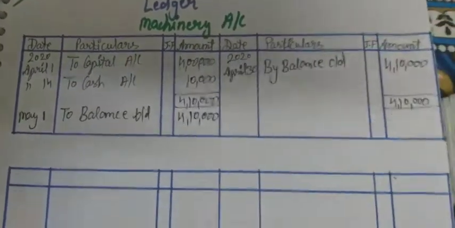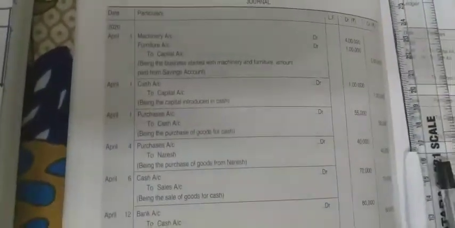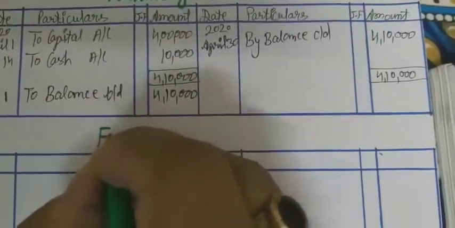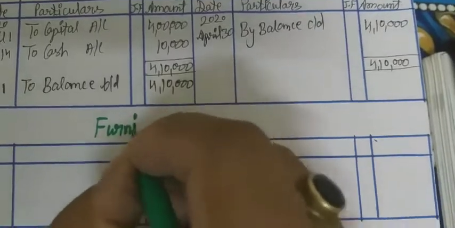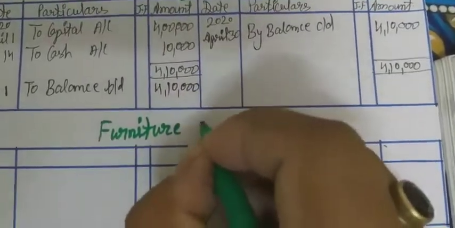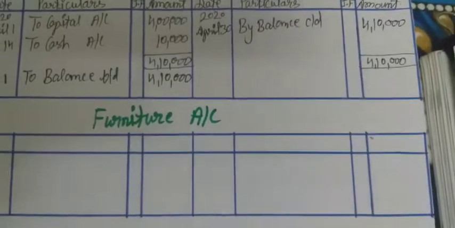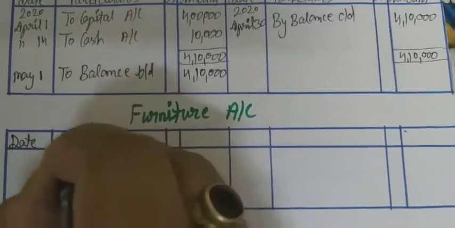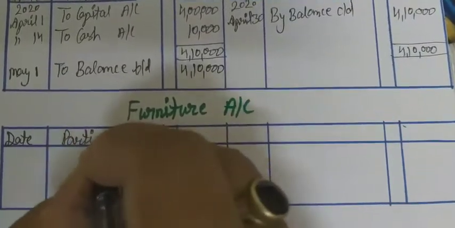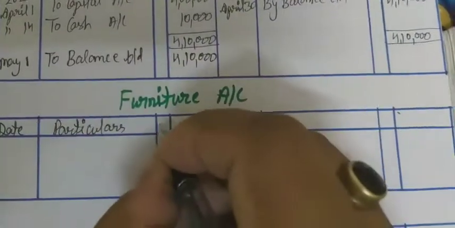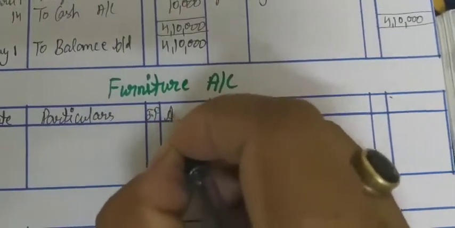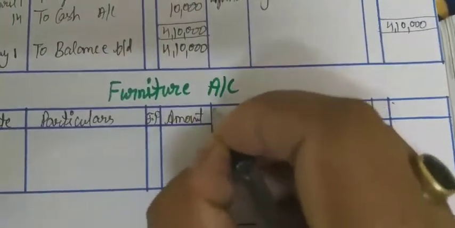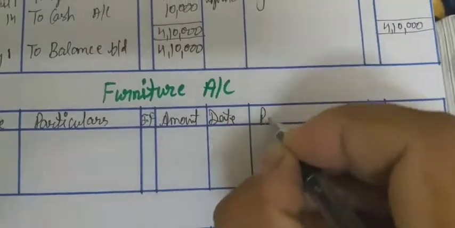After that, the next account is the furniture account. Students, now we have to prepare the furniture account. First of all, date, particulars, JF, amount.